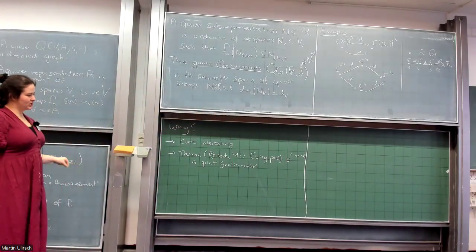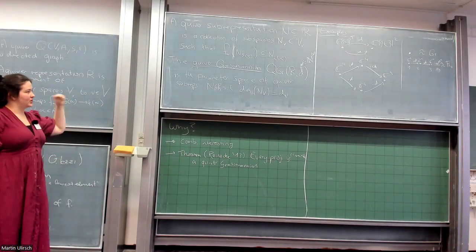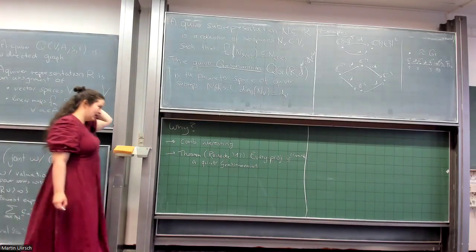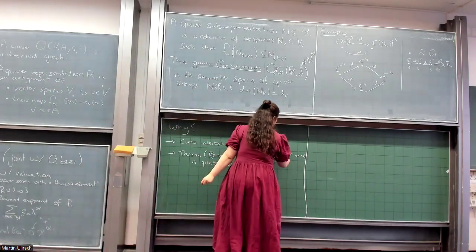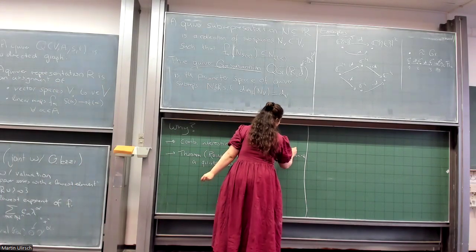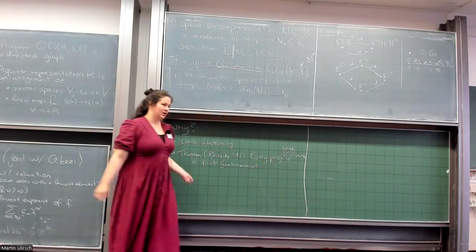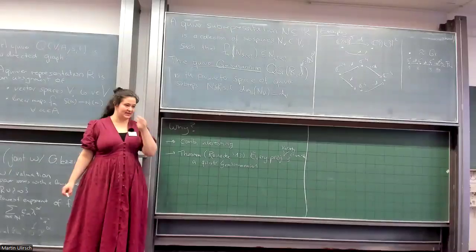So usually if you want to study Quiver Grassmannians and geometric representation theory, you restrict yourself to projective varieties that have a nicer associated Quiver representation.